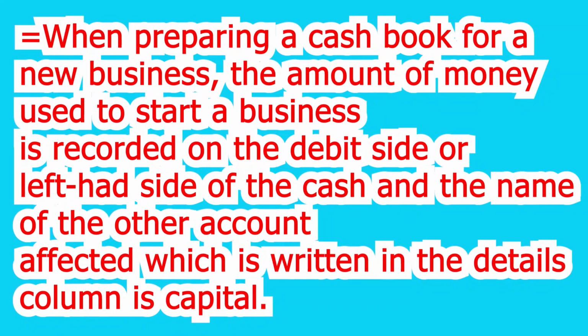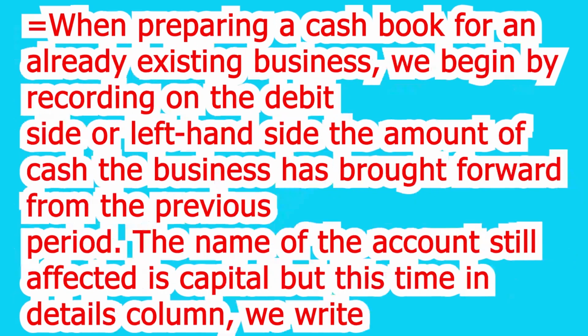When preparing a cash book for a new business, the amount of money used to start a business is recorded on the debit side or left hand side of the cash book, and the name of the other account affected, which is written in details column, is capital. When preparing a cash book for an already existing business, we begin by recording on the debit side or left hand side the amount of cash the business has brought forward from the previous period.